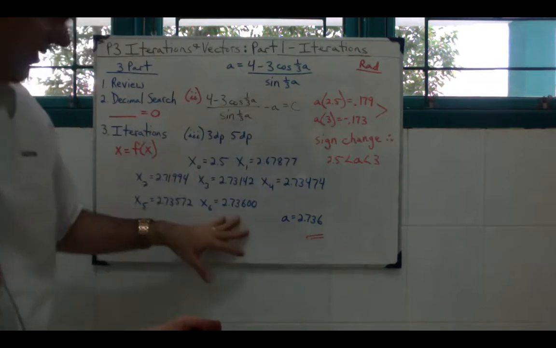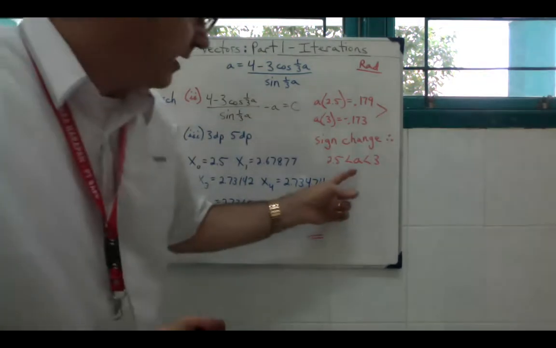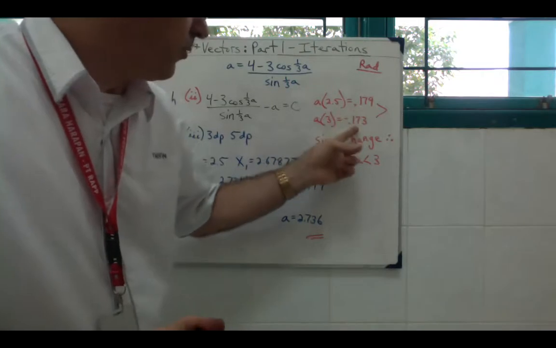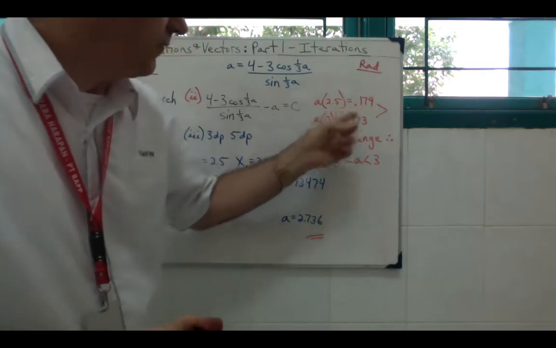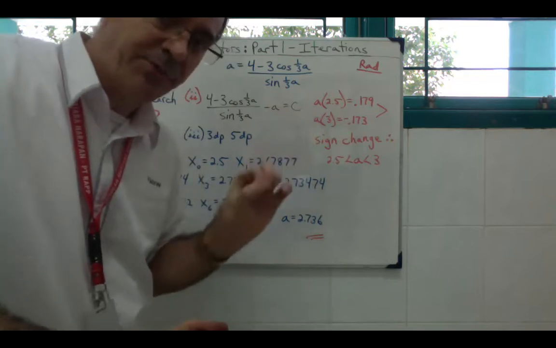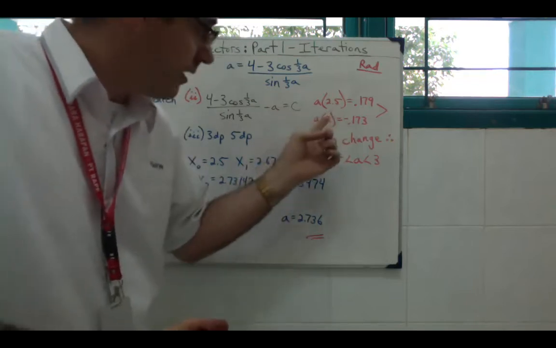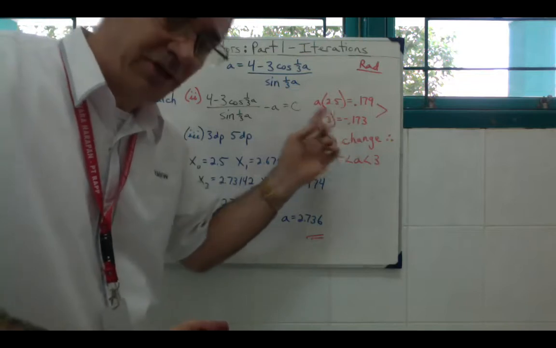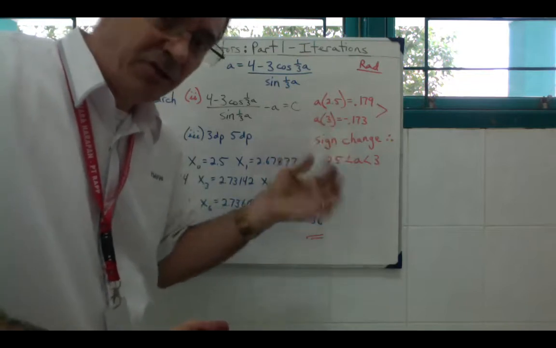Notice it takes 6 iterations again. If you look, these are almost identical. So if you were to interpolate, now the interpolation doesn't work perfectly because when you interpolate, you're assuming it's linear.